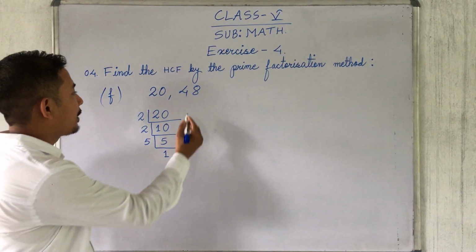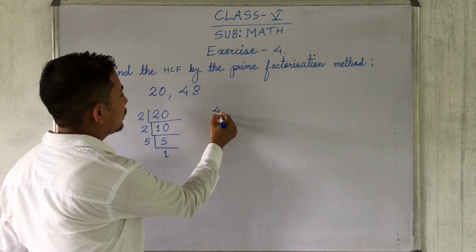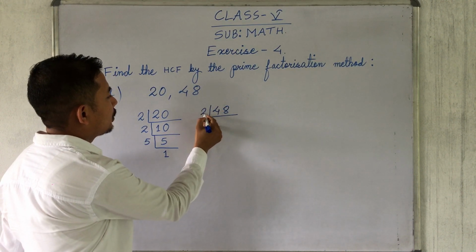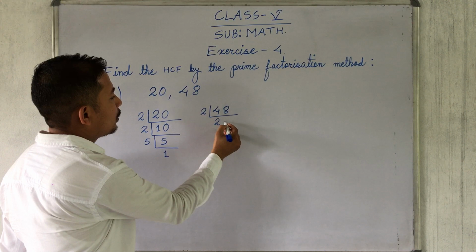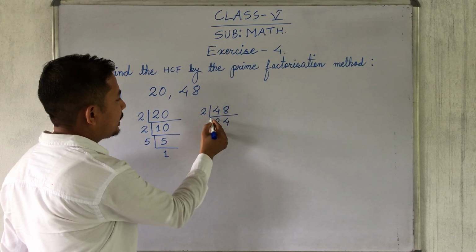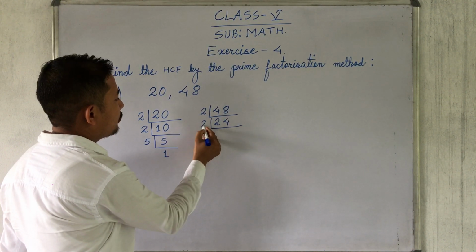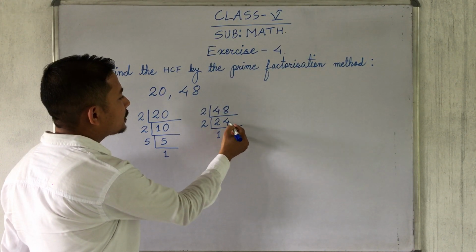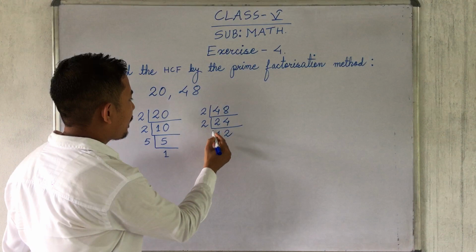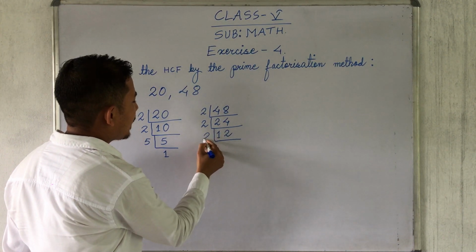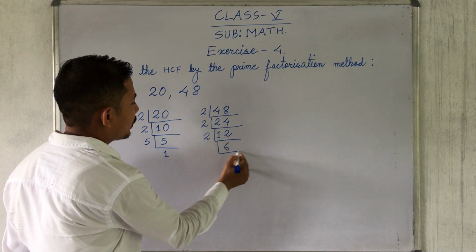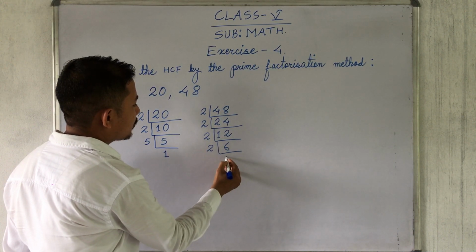Right? Now I am going to find out the factors of 48. Okay, now look at here. 2 times 2 is 4, 4 times 2 is 8, right? In the same way, 1 times 2 is 2 and 2 times 2 is 4, okay? And 6 times 2 is 12, right? So 3 times 2 is 6.